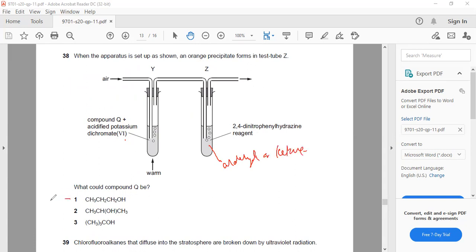This is primary alcohol. Primary alcohol gives on oxidation, it's not mentioned distillation, so it may form aldehyde temporarily and may form carboxylic acid also.